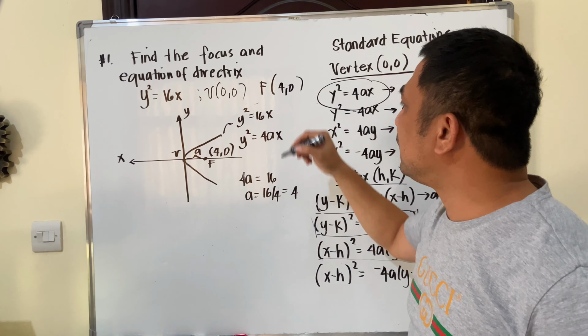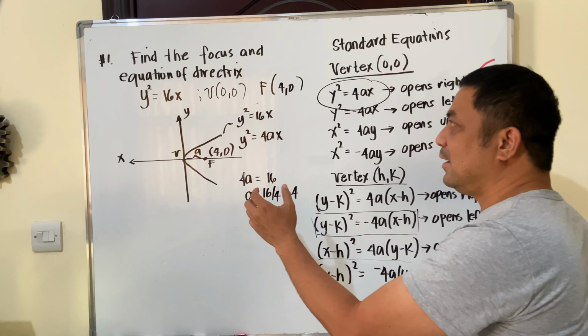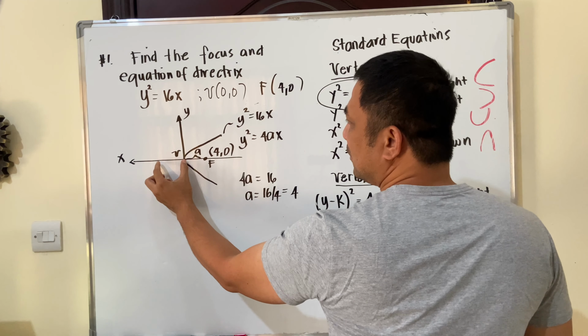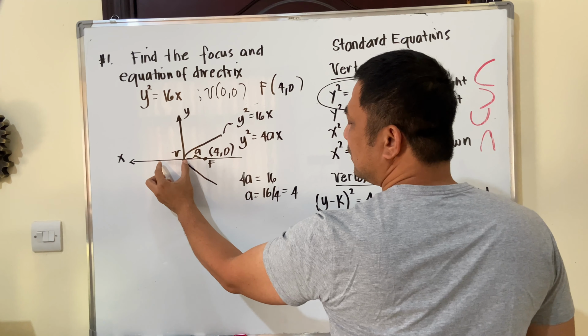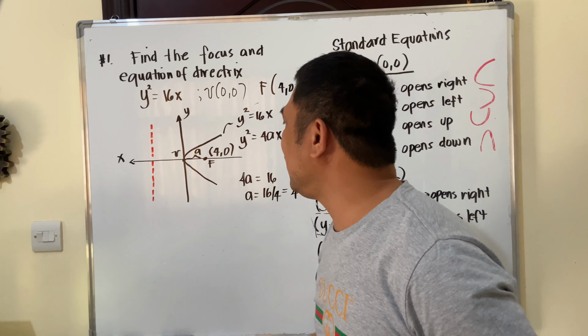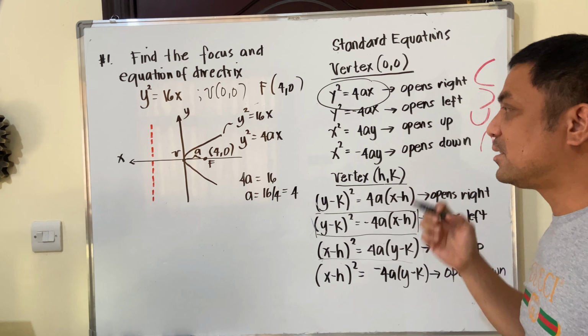Now, your directrix is equidistant from your vertex, the line called the directrix. If I have this directrix here, back in the university, we always draw the directrix in a dotted line, so a broken line, sorry.